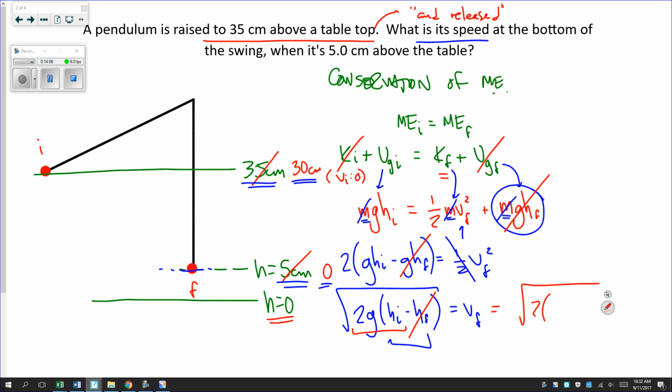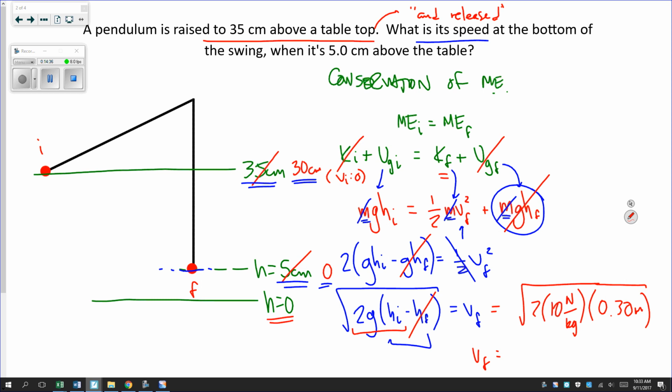Now here, what do we use for g? I'm going to use 10, because it's not wrong. It's approximate, but it's not wrong. And now watch this. 30 centimeters, I do have to do 0.30 meters. I do need my heights in meters if I want my final velocity to come out in meters per second.